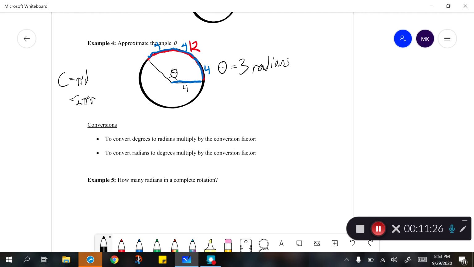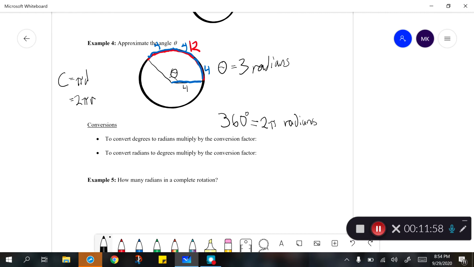So what that means is in one full revolution of a circle, so one circumference of the circle, there are 2 pi radians. What that means is that 360 degrees is equal to 2 pi radians. That's awesome. So that means 180 degrees is equal to pi radians.